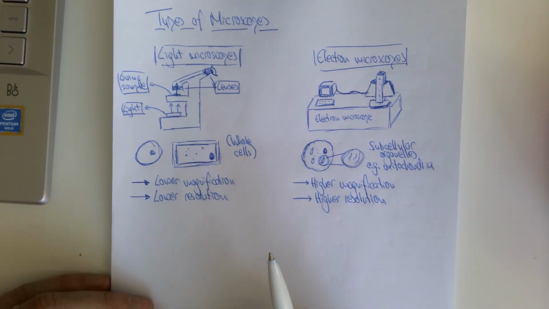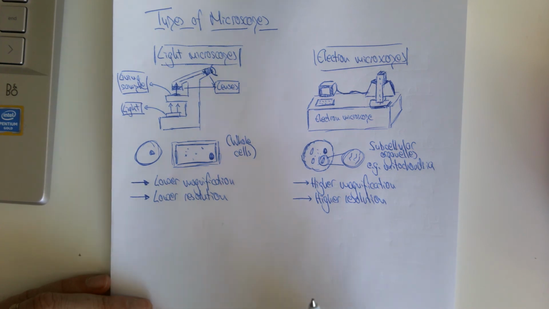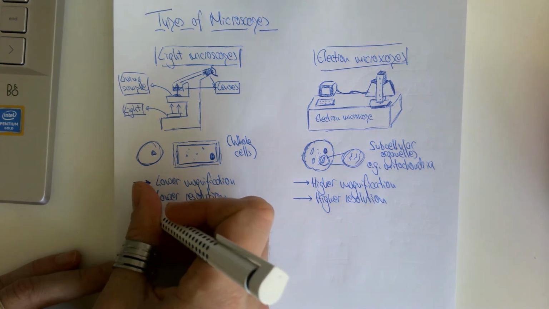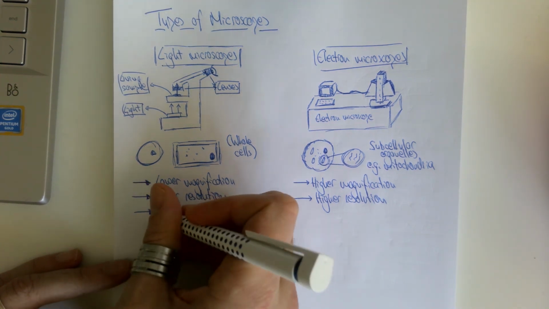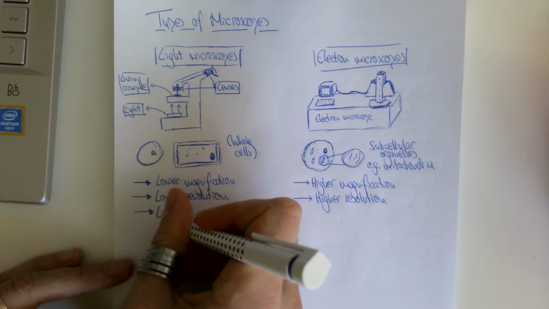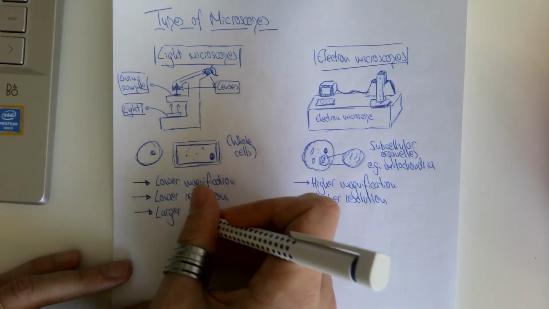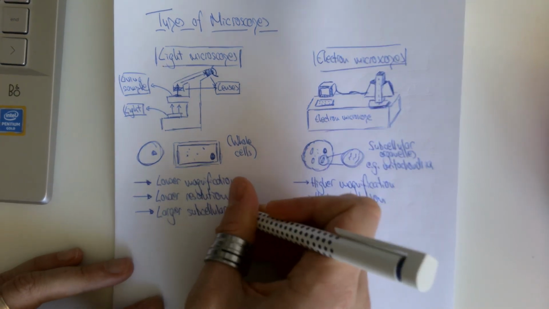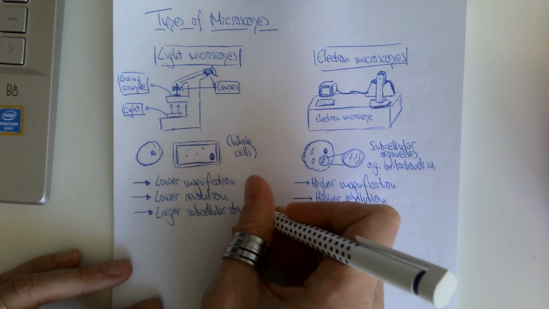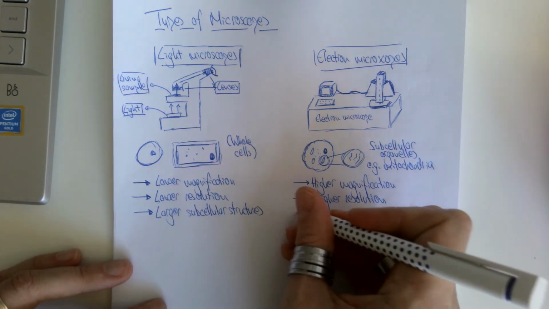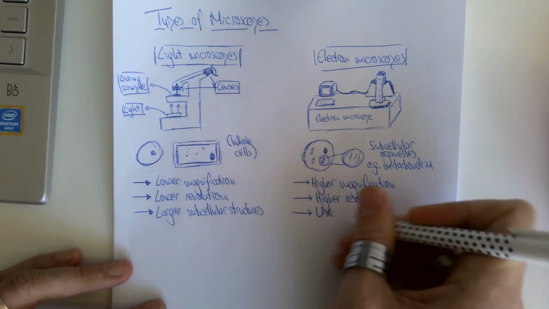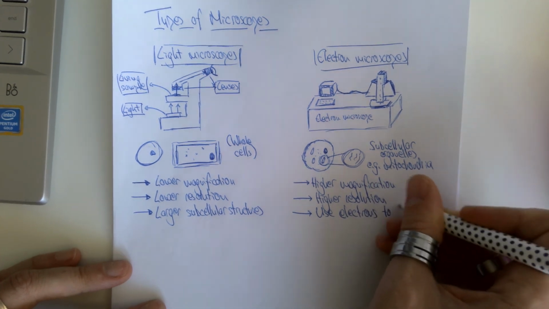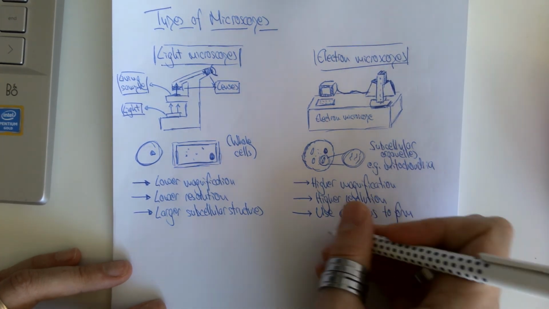Now, as well as that, other key things to bear in mind. As we say, with light microscopes, you've got the capacity to maybe see larger subcellular structures. Electron microscopes, as we say, use electrons to form an image.